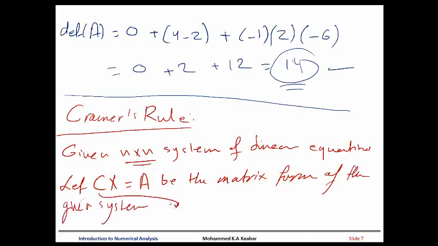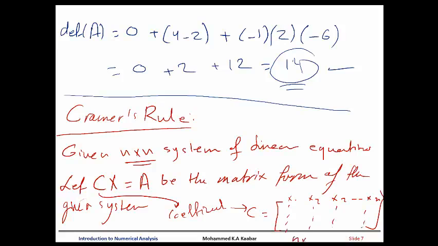C means the coefficient. This one, C is equal to what? The coefficient matrix, n by n, and x is x1, x2, x3, and xn, like this one.